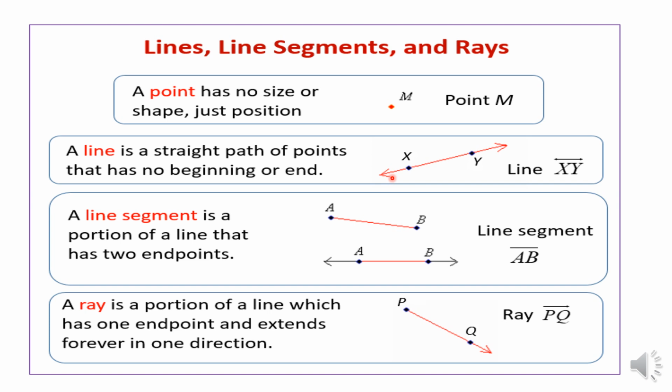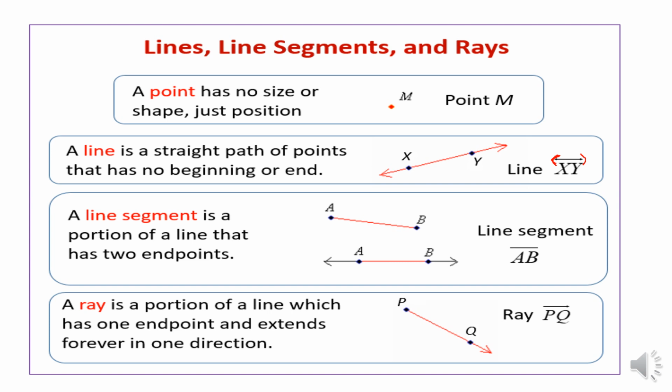It will keep moving till infinity. How can I call it? I can say line XY, and here I should put arrows at both ends to represent the line. So this is how I will call the line. I will say line XY.